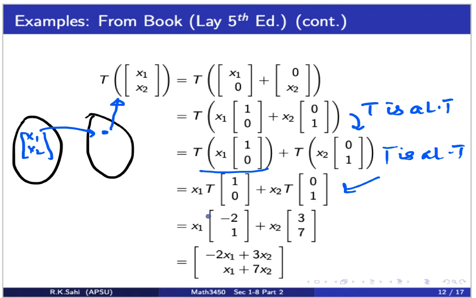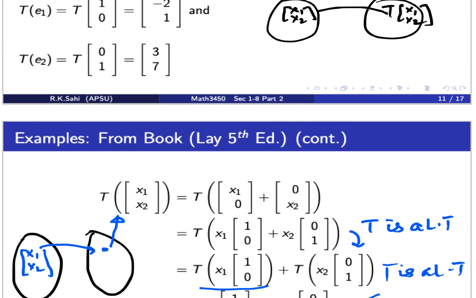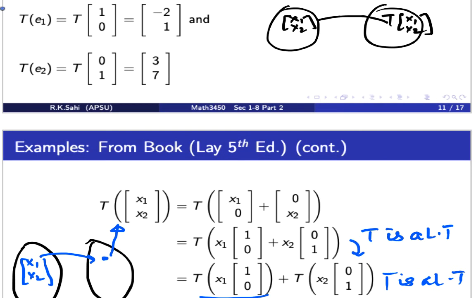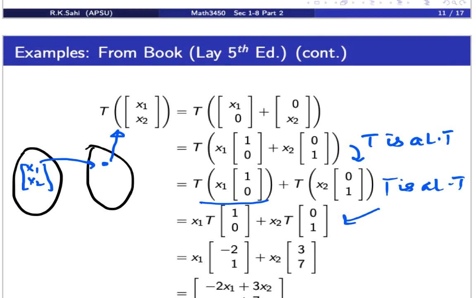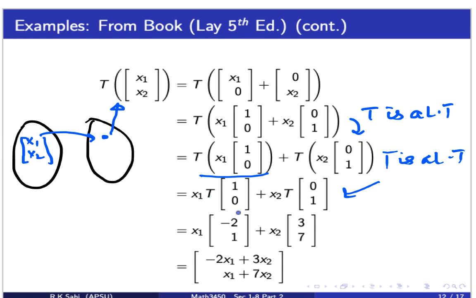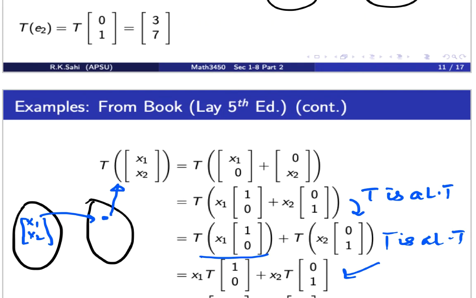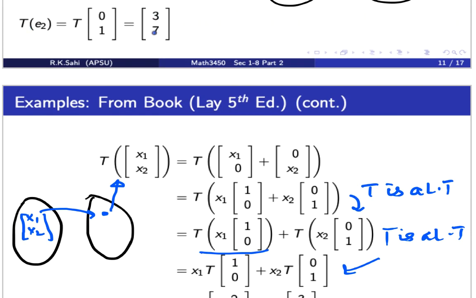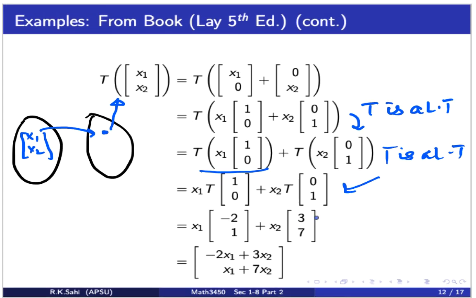Now remember, we learned from the things given to us in this problem that T of 1, 0 is minus 2 and 1. So that's what we're going to replace here. T of 0, 1, let's go back, T of 0, 1 is 3 and 7. So replace that here, 3 and 7.